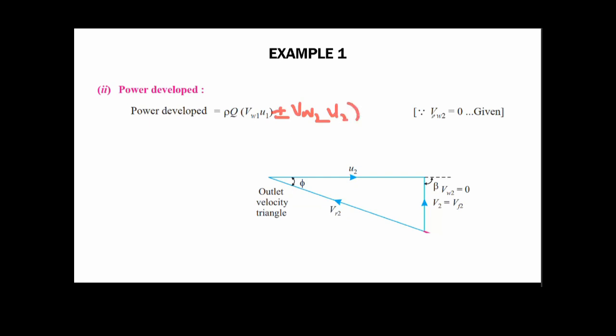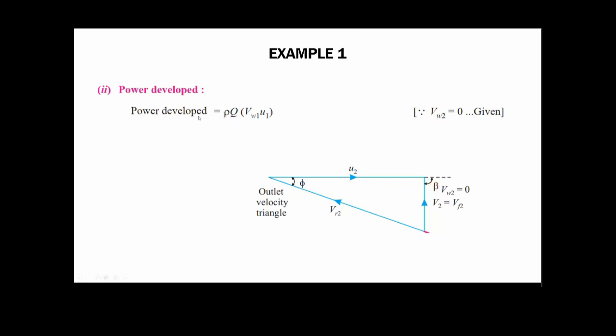But because VW2 is equal to 0, we can cancel out this term. VW2 equals 0 because beta is equal to 90 degrees. So we end up with only this equation.